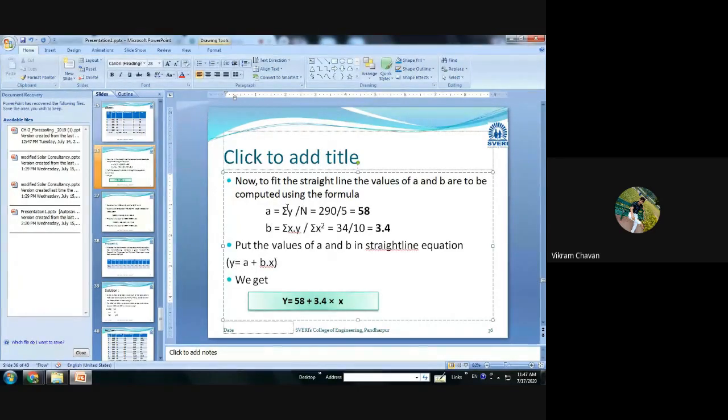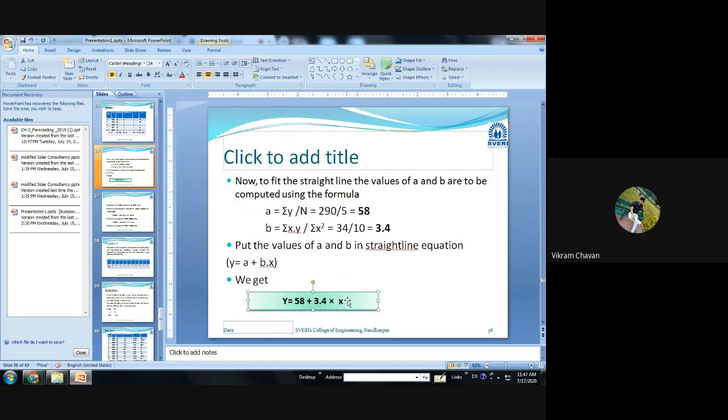So we get the straight line equation as y is equal to 58 plus 3.4 multiplied by x. Now in this particular equation only one unknown is there, that is this x value.